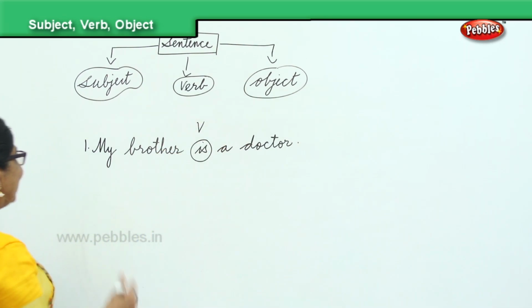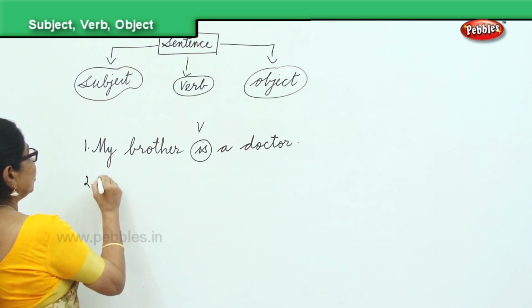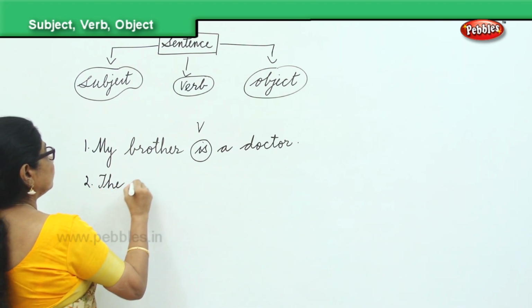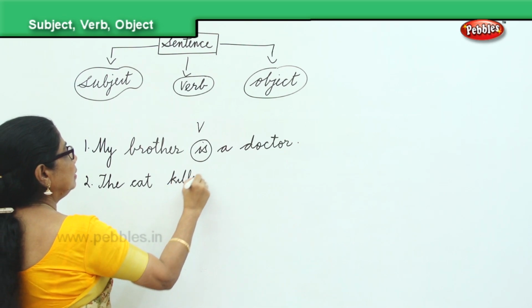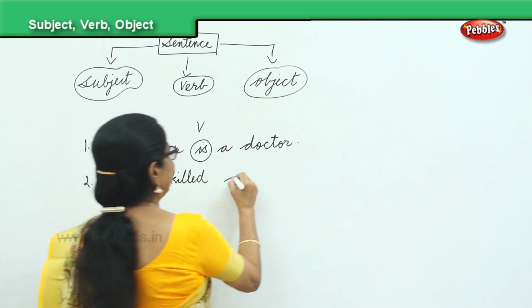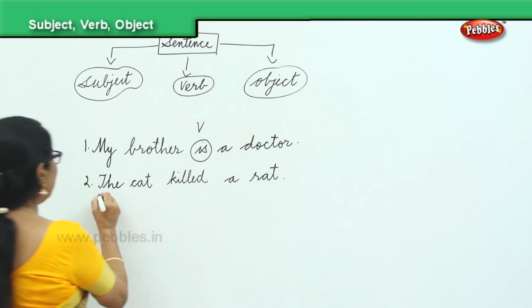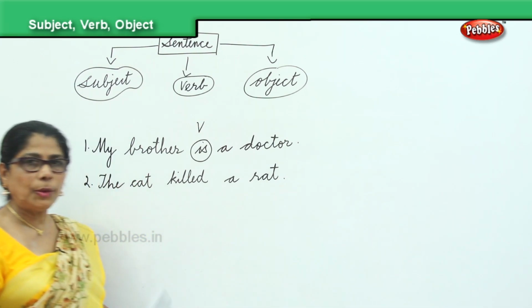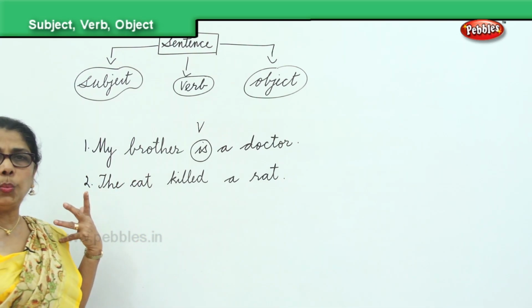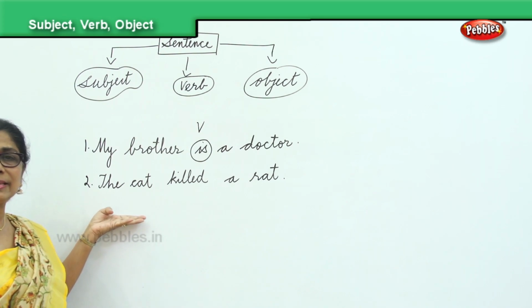I'll give you another sentence. Just look at this. The cat killed a rat. Begin with the capital letter, ending with the full stop. We have a sentence here. Now, where is the subject here? The subject is the cat.